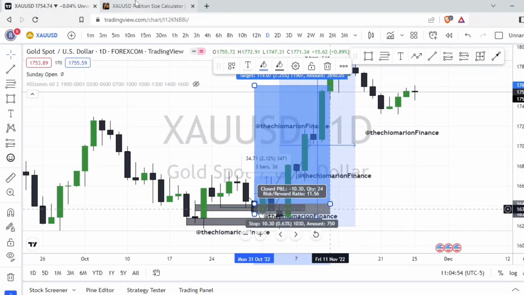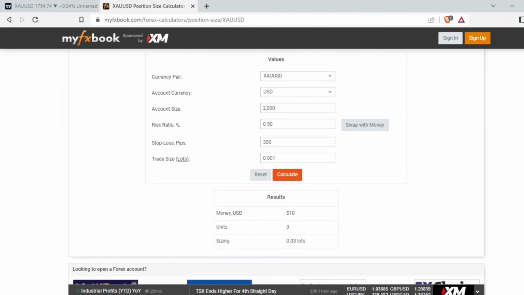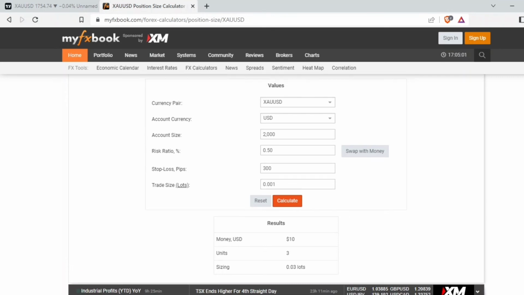Now you can use any position size calculator. For me, I'm going to be using my FX calculator. This is the pair, and when you click on this drop down menu, you're going to see other currency pairs. This place is where you input your account currency, whatever currency your account balance is.